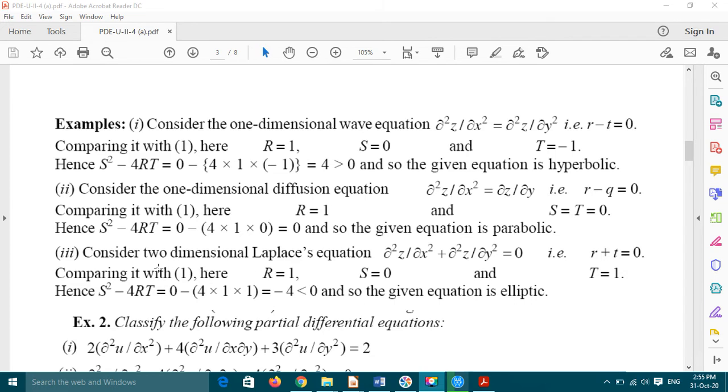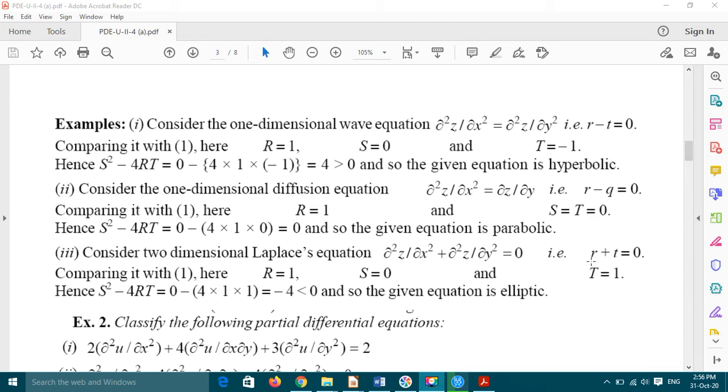Now come to our next example. Our next example is the two-dimensional Laplace equation. You know the Laplace equation, ∂²z/∂x² + ∂²z/∂y² = 0, meaning r + t = 0. Now compare this differential equation to Rr + Ss + Tt + f(x, y, z, p, q) = 0.